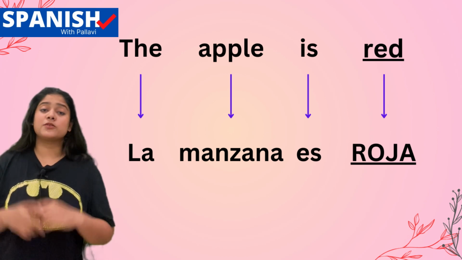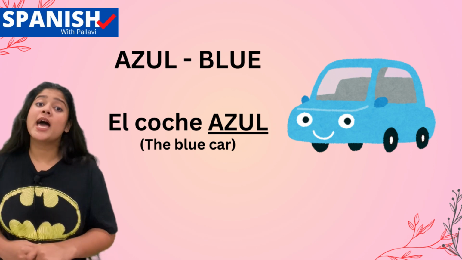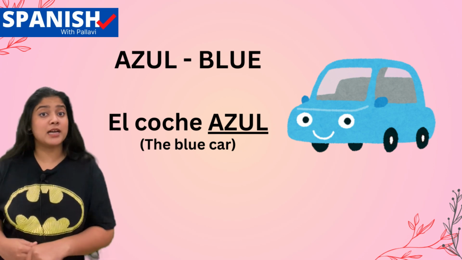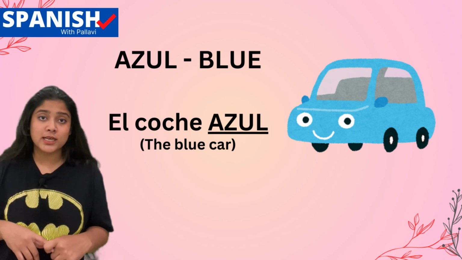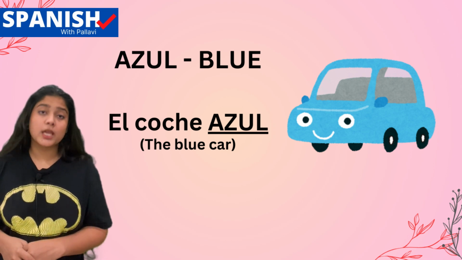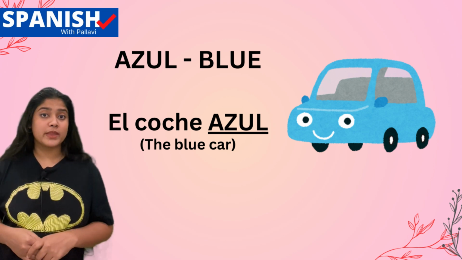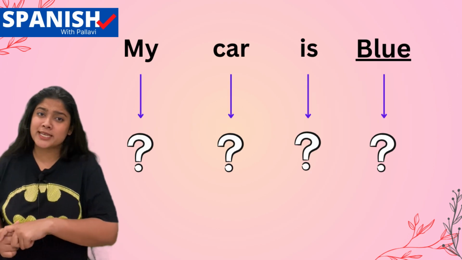Okay? So remember that. This is blue. How do we say that in Spanish? Azul. Azul. The sound of Z will be like an S, not a Z. Azul. An example will be: my car is blue. How do we say that in Spanish?